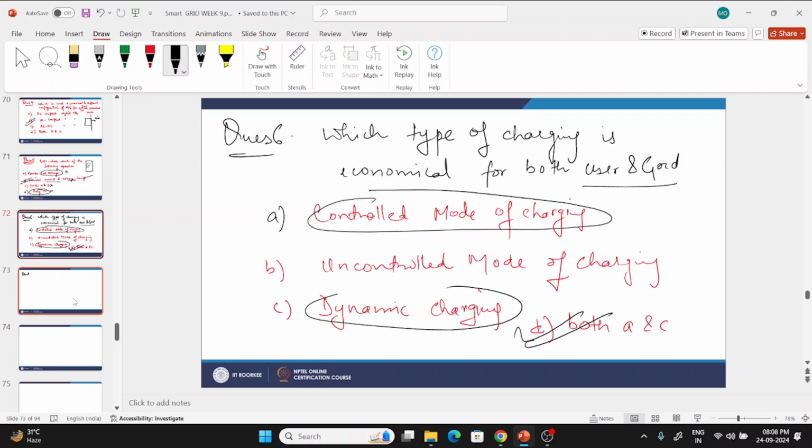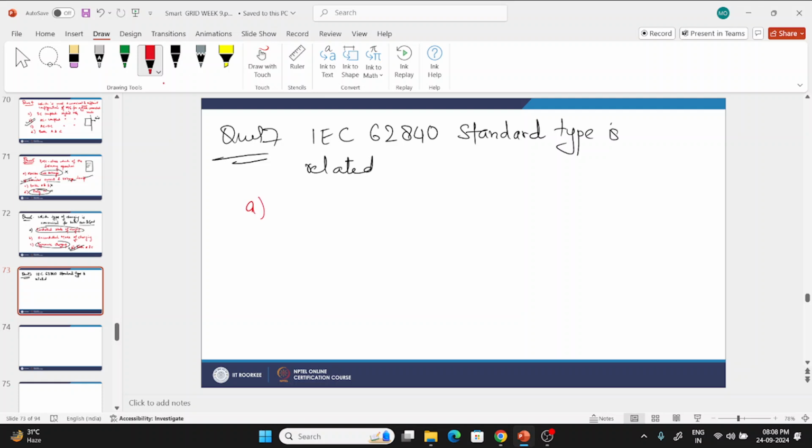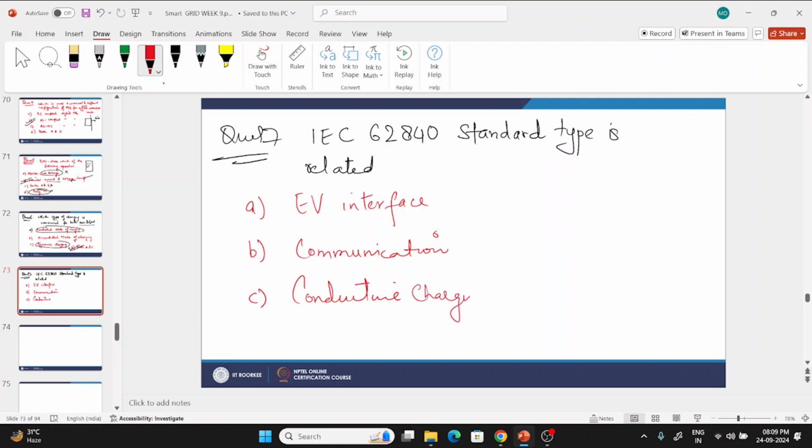Question number 7. IEC 62840 standard type is related to A. EV interface, B. Communication, C. Conductive charging, and D. Battery swapping.